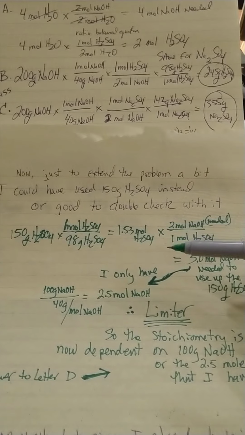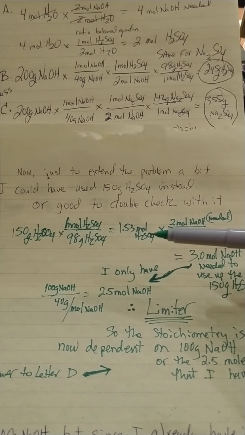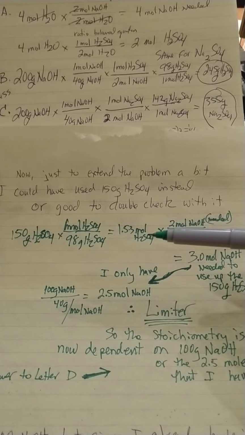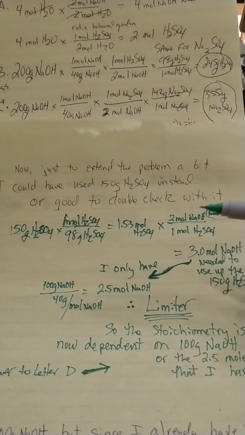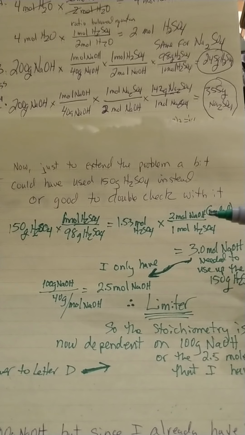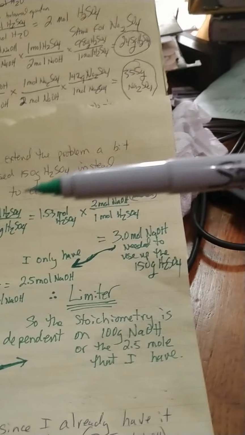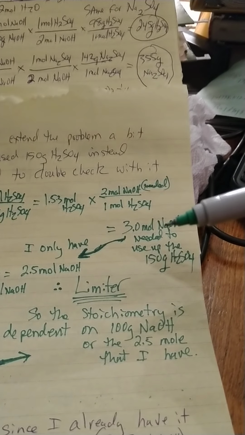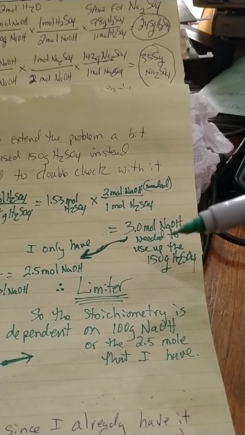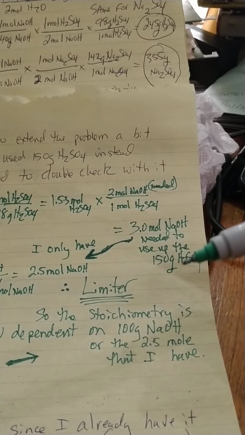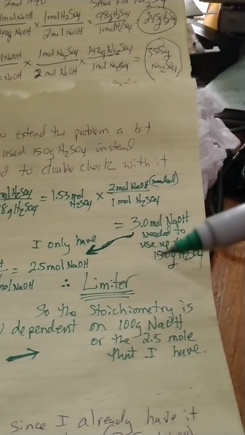But the short of it is that I take that 1.53 moles and I compare it to the moles of sodium hydroxide, which tells me that I have 3 moles of sodium hydroxide that I need to react with the 150 grams of sulfuric acid.